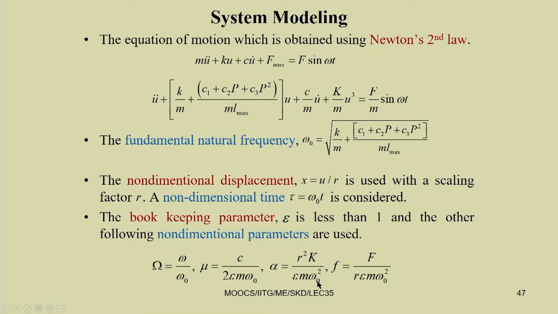Here we are taking omega equal to omega by omega 0, where omega is the external frequency and omega 0 is the natural frequency. We have taken mu equal to c by 2 epsilon m omega 0, alpha equal to r square k by epsilon m omega 0 square, and small f equal to F by r epsilon m omega 0 square.